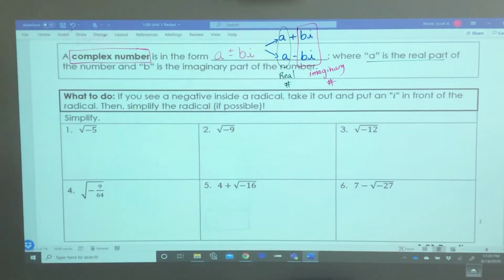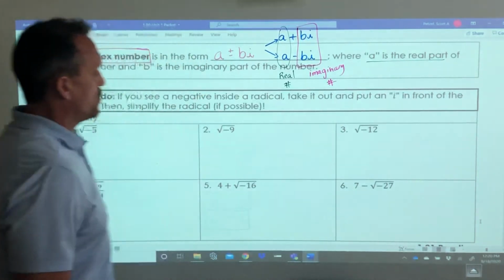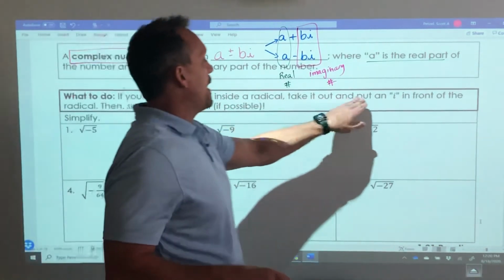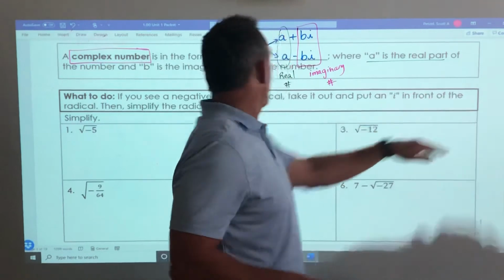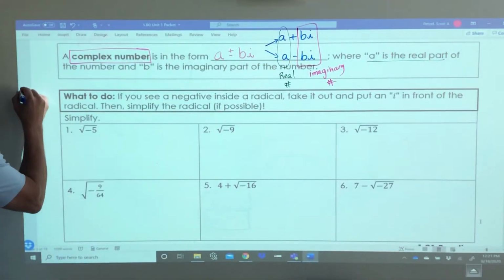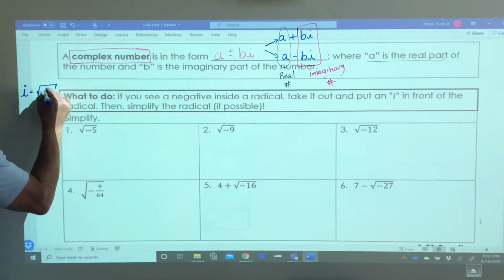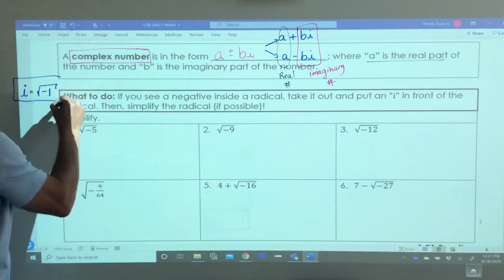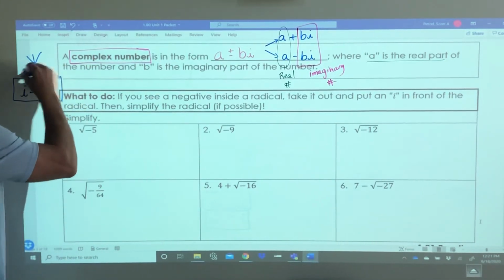All right? So now we're going to deal with some of these situational problems. What to do if you see a negative inside a radical? Take it out and put an i in front of the radical. Now let's recall, i equals the square root of negative 1. Crucial information to recall.